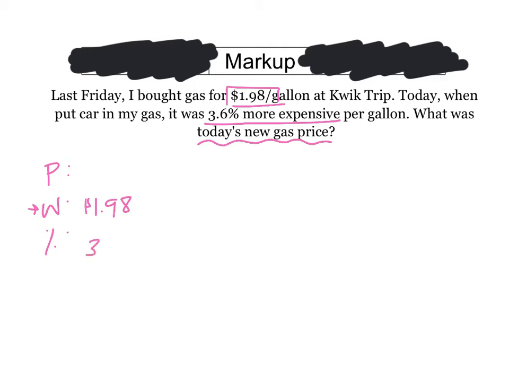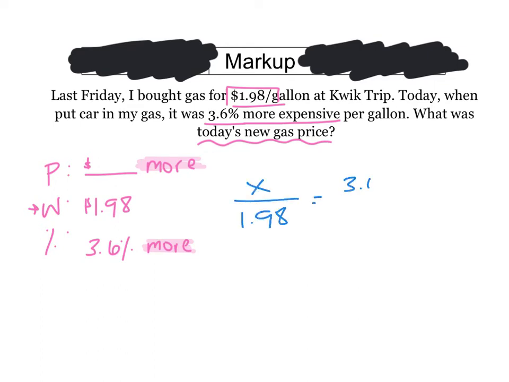We have 3.6% increase, or 3.6% more. So when I figure out the part, it's the dollars more that it's going to cost. Because remember, these part and percent reasonings have to match. So when I set up this proportion, I have x over $1.98 equals 3.6 over 100.